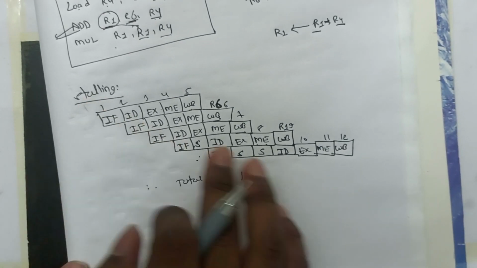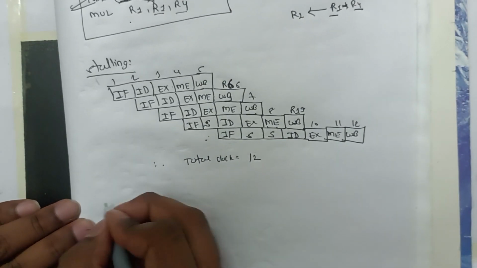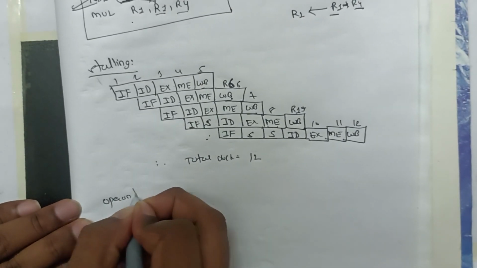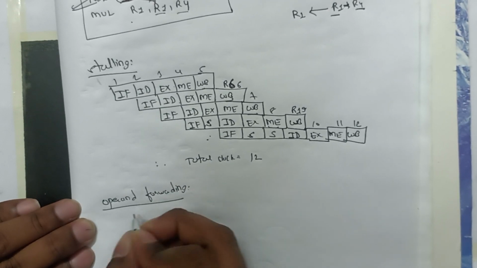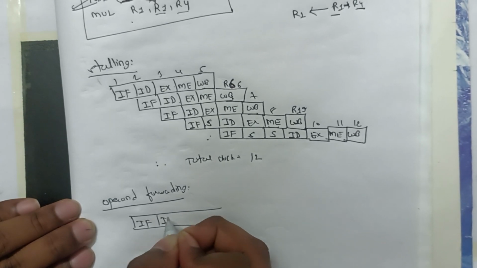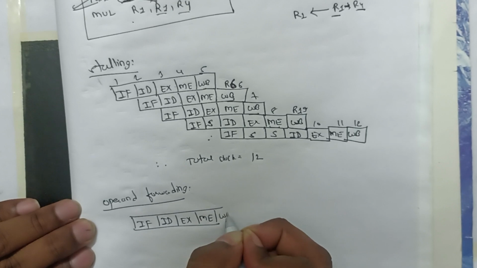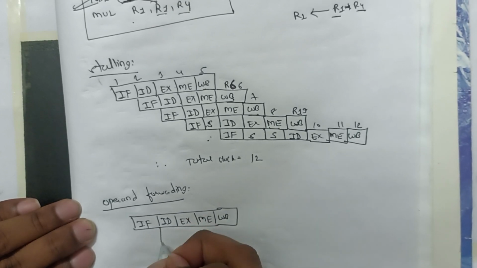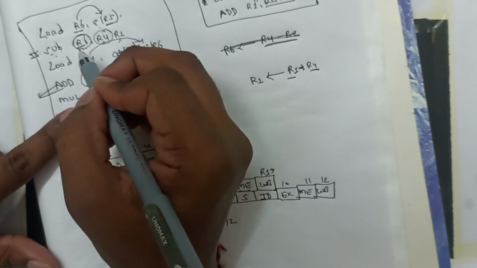Let's solve this question with operand forwarding. For the first instruction, simply IF, ID, EX, ME, WB. Is there any dependency? R4, R2, R6.